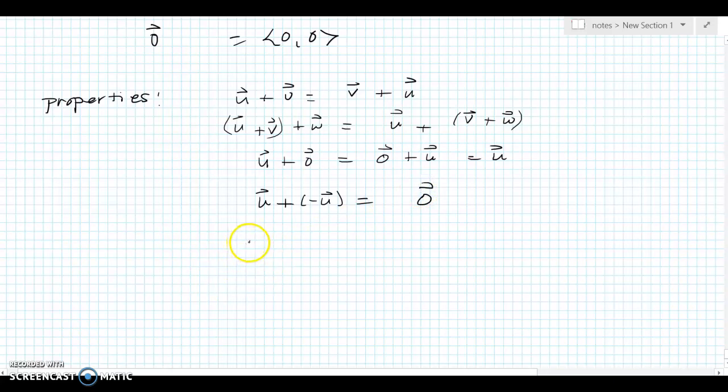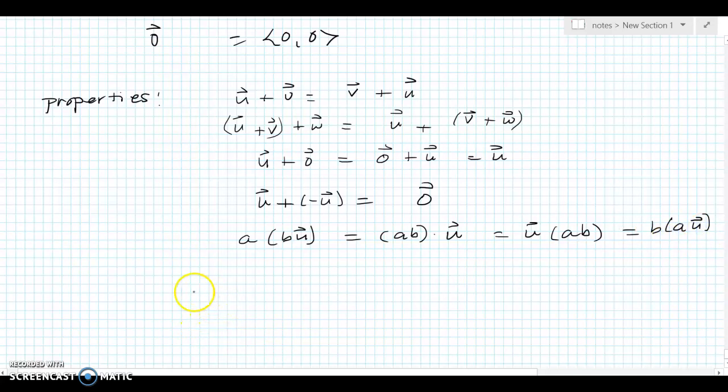Constants can be in any order. So you can have a times b times the u vector, and that'll be the same as a times b times our u vector, or we can write u vector times ab at the end. Either one. This is also the same thing as b times a times u.